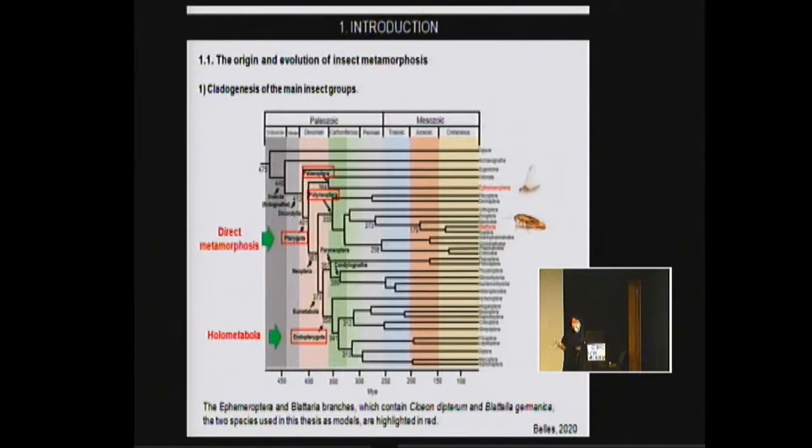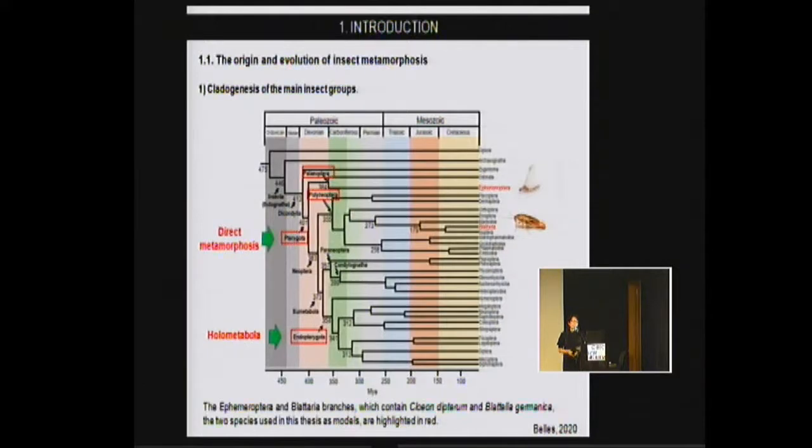So the Pterygota, or the winged insects, or the direct metamorphosis, emerged around 400 million years ago, and split into the Paleoptera and Neoptera.